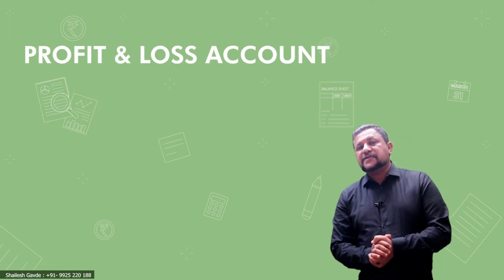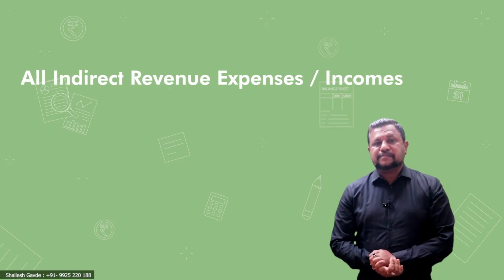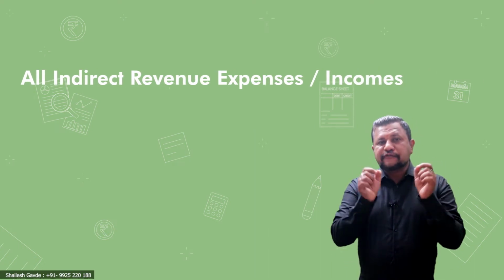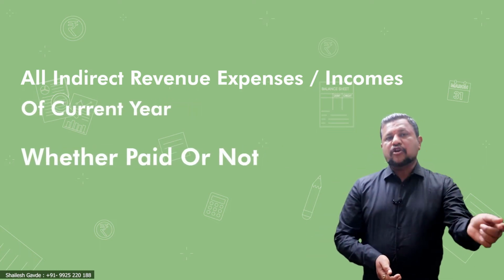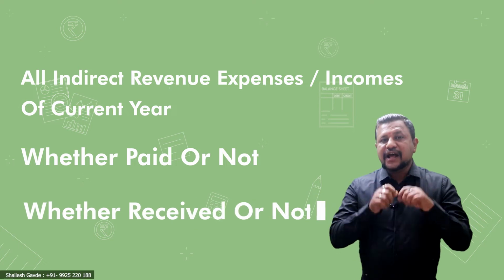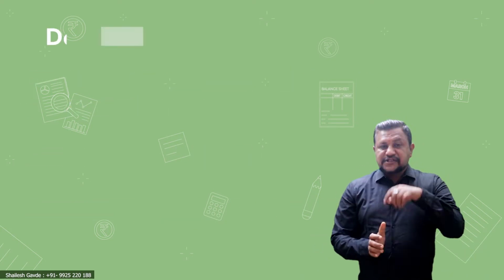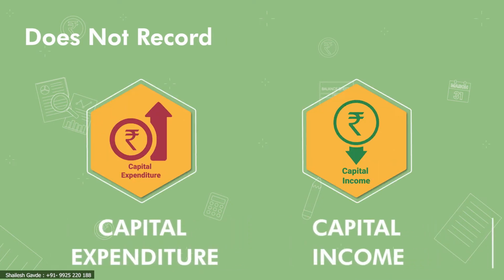Profit and loss account records all indirect revenue expenses and indirect revenue incomes of current year, whether they are paid or not, whether they are received or not. It means it does not record capital expenditure and capital income.